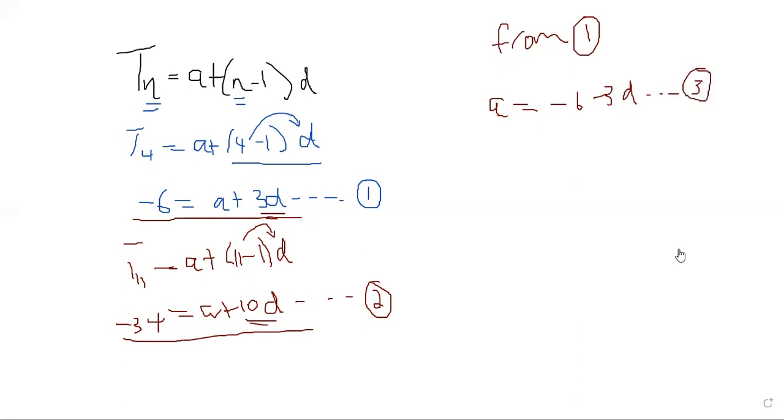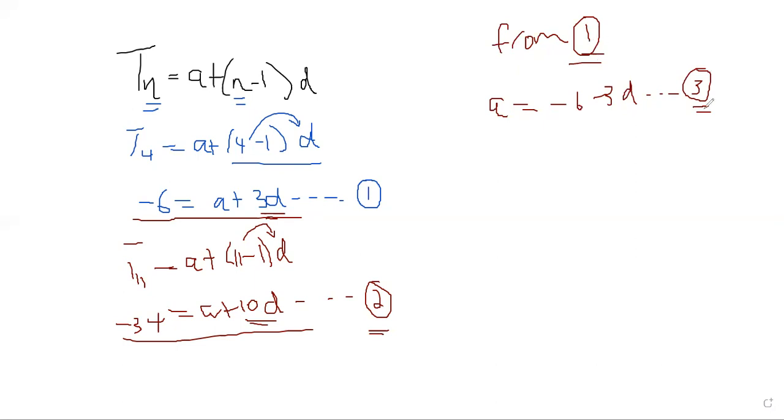So what you'll do now, you take the equation you deduced from the first equation, you substitute it in your second equation. If it happened that we deduced equation 3 from equation 2, you can't substitute it back to the equation you derived it from. I don't know if I'm making sense. You can't take equation 3 and substitute it back into equation 1, right? Because we took equation 3 from equation 1.